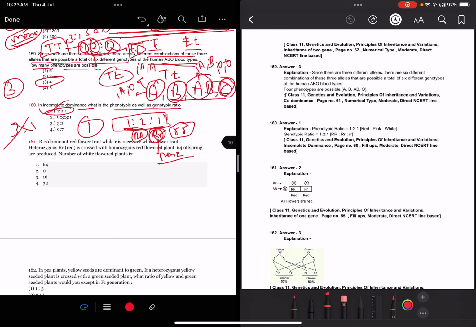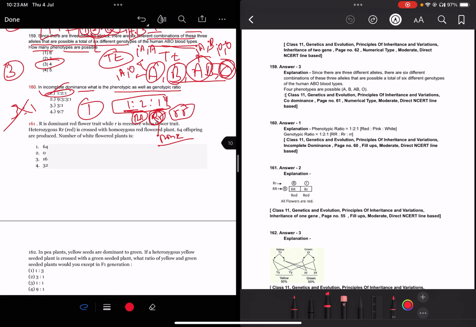So the answer is 1. R is the dominant red flower trait and r is the recessive white flower trait. Rr is crossed with RR.